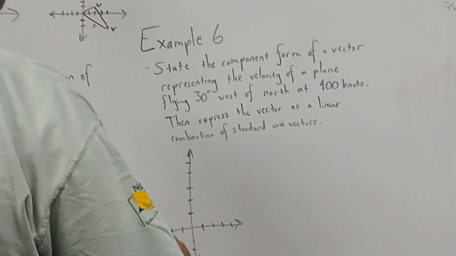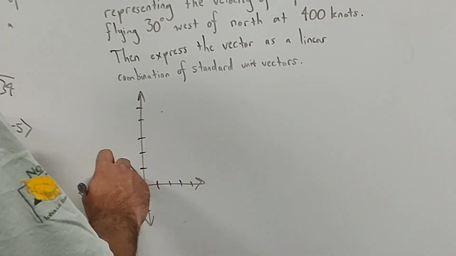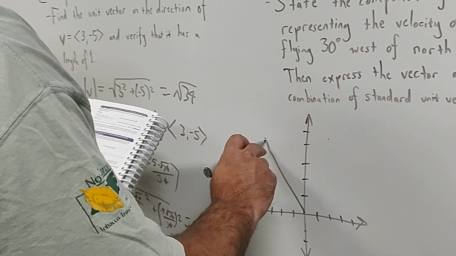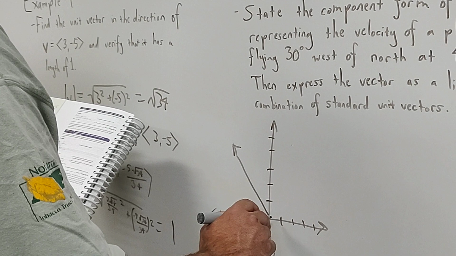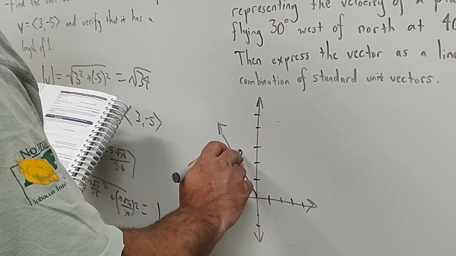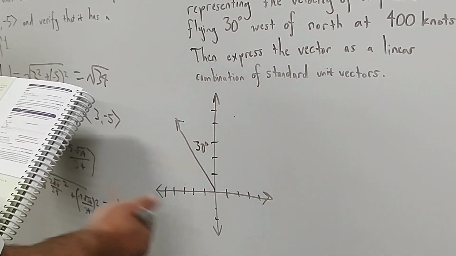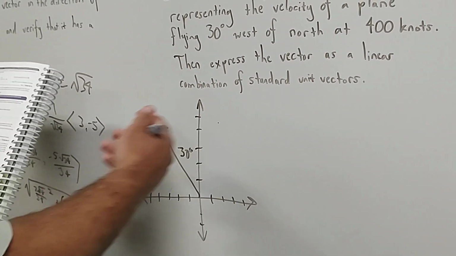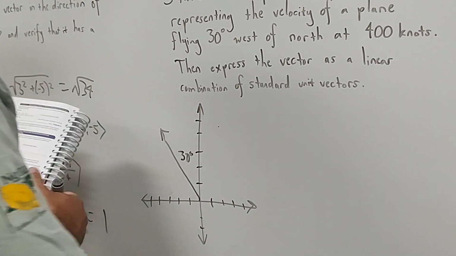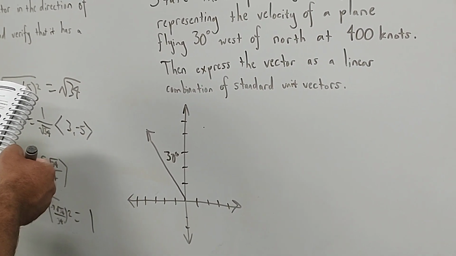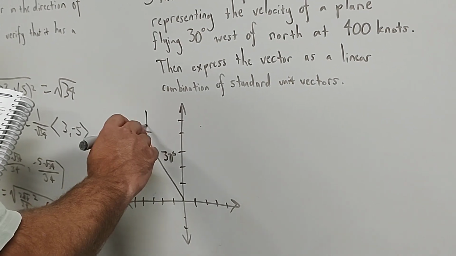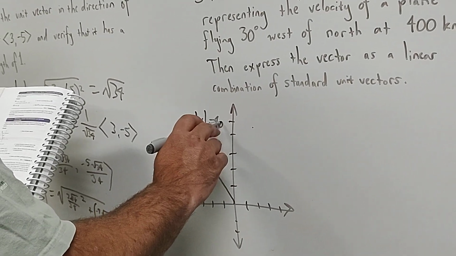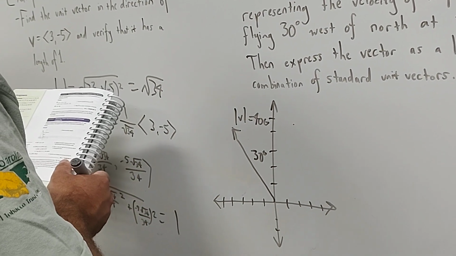The first one is easy. It just tells us to express a vector. So we kind of eyeball this. 30 degrees west of north. So obviously the y-axis would be north. West would be left. We know our vector equals 400 knots.